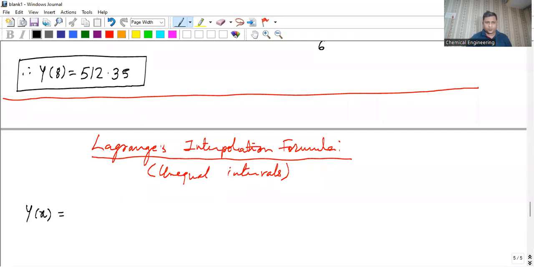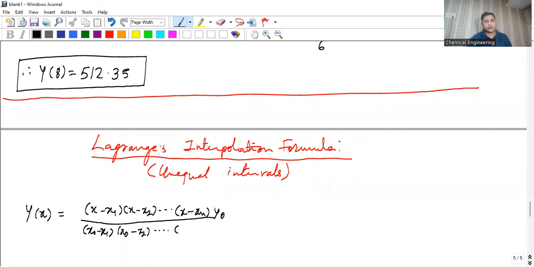So what you have here is (x minus x1)(x minus x2), and so on up to the term (x minus xn), into y0. This term is divided by (x0 minus x1)(x0 minus x2), and so on up to (x0 minus xn).